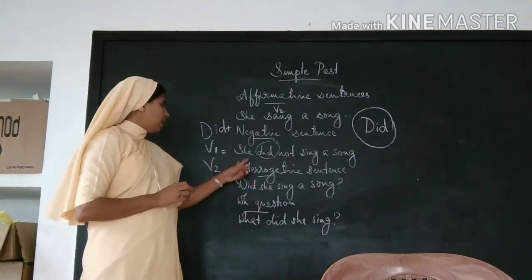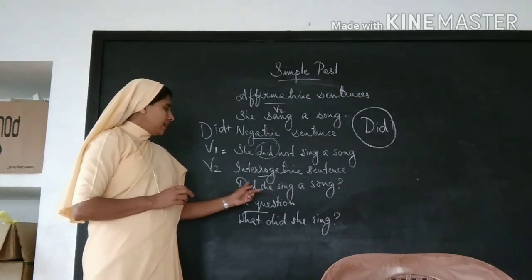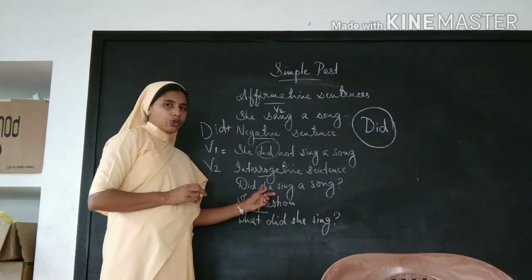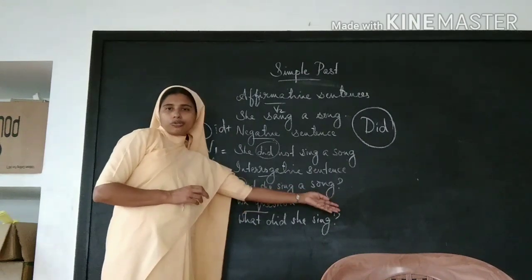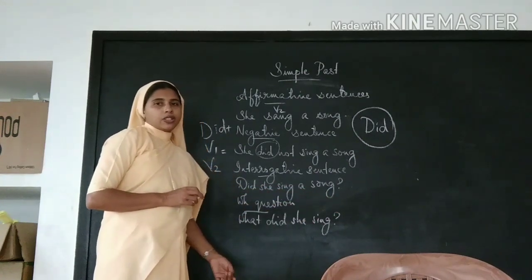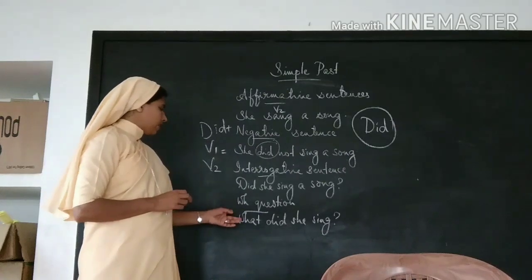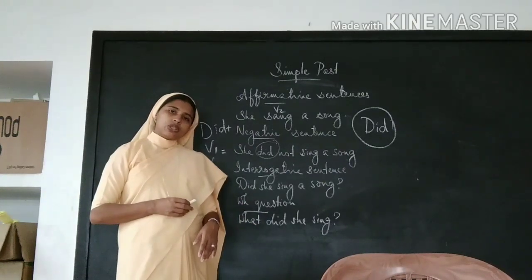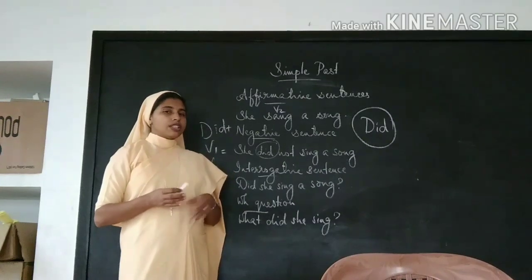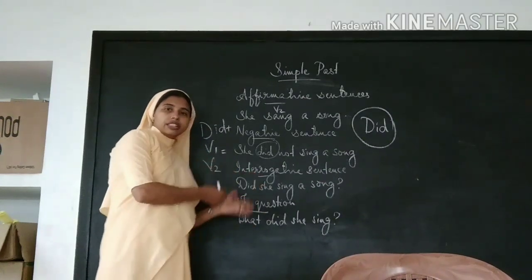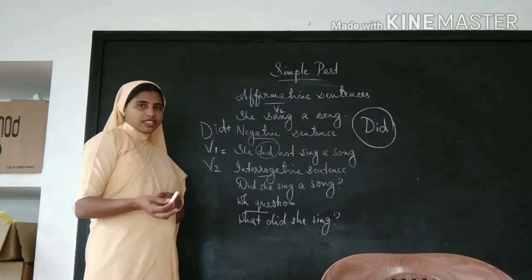Okay, so here did, and after that you must use the subject. Did she sing a song? Okay, this is the structure of interrogative sentences. And when you make WH questions, WH interrogatives, you must use a WH word before this did. That's the only change.